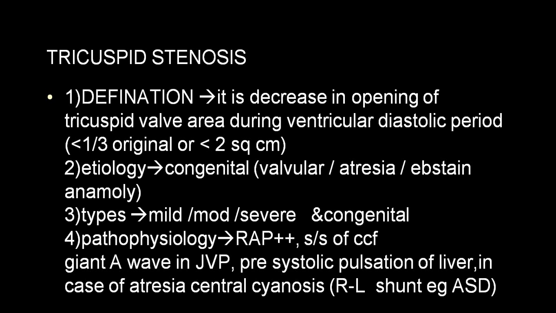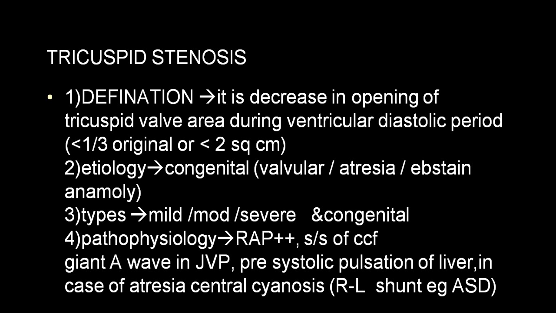Also, because of big dilatation of the right atrium in the moderate to severe variety, it can produce surrounding compression syndromes on the esophagus, trachea or bronchus. Because RA pressure is markedly elevated, it will produce a giant A wave in JVP. Pre-systolic pulsation in the liver.